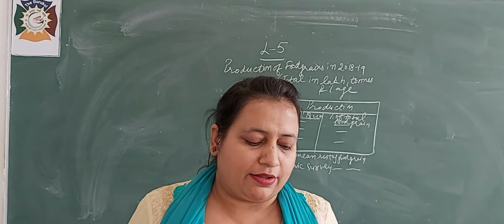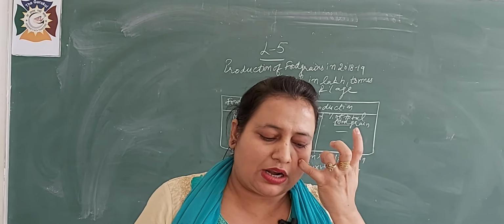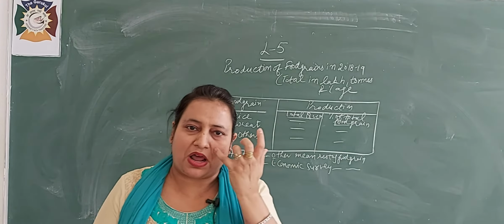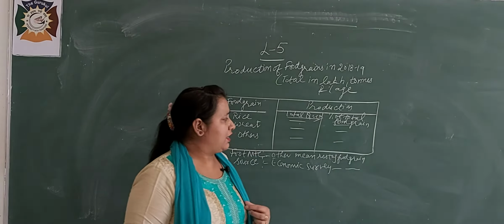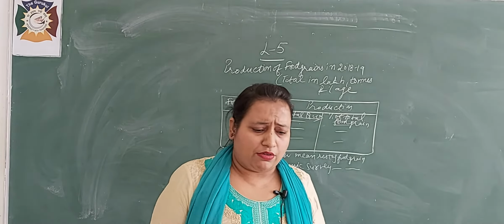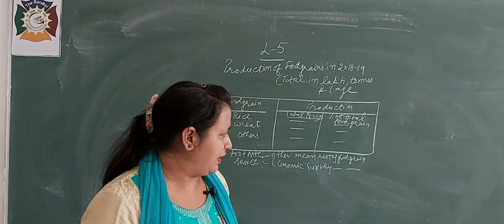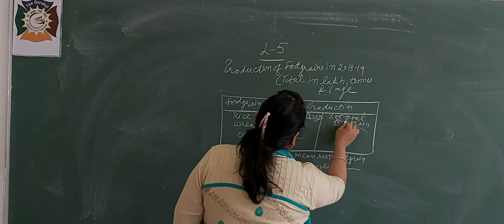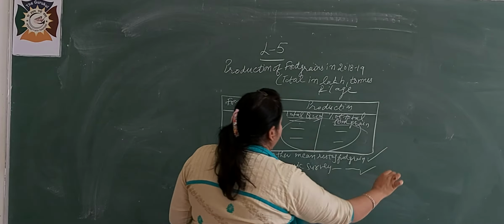The row headings are wheat, rice and others. The column heading is production: total quantity and percentage of food grains along with production. This is known as the body and field. This is known as the footnote, and this is known as the source.